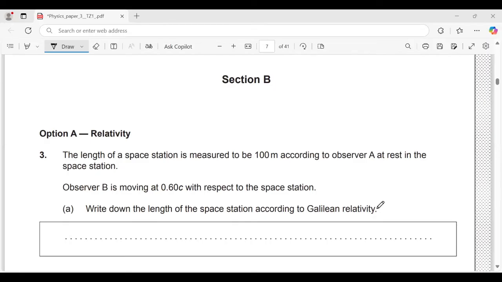According to Galilean relativity, lengths are not affected by the relative motion of the observer.